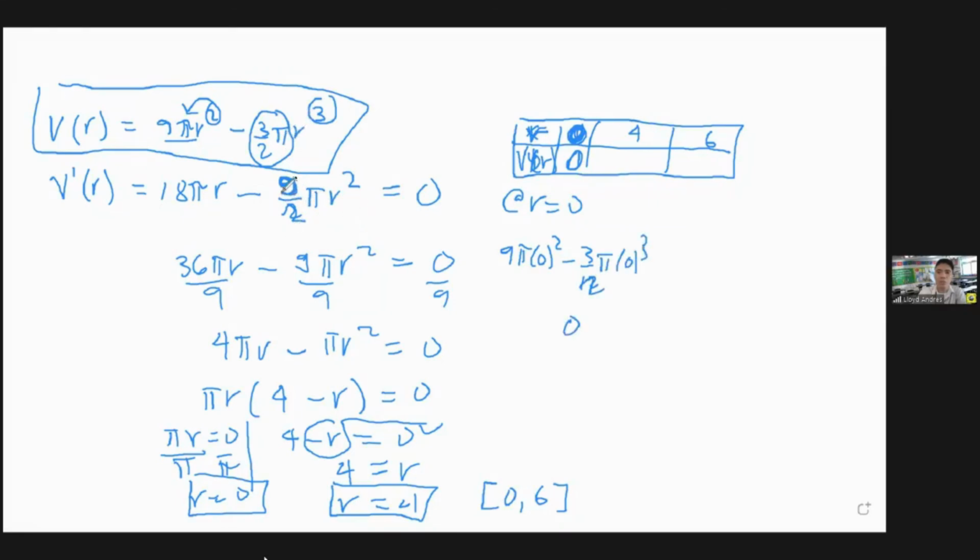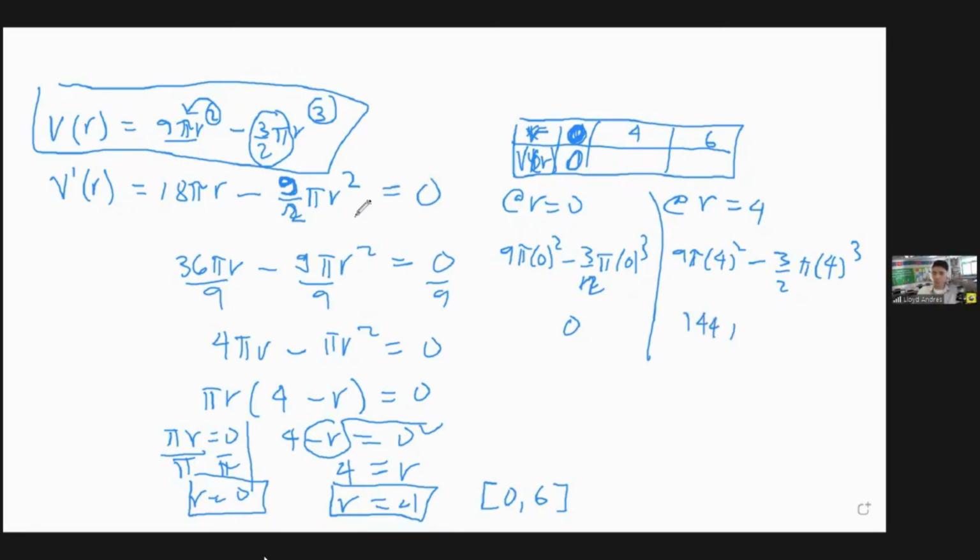Next. At r equals 4. So 9 pi times 4 squared minus 3 halves pi times 4 cubed. So 4 squared, that's 16, times 9, that's 144, 144 pi.